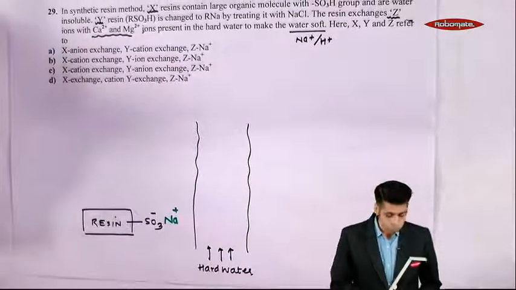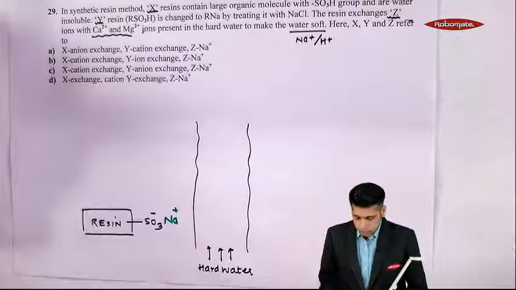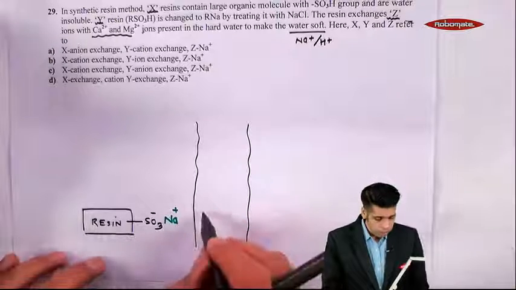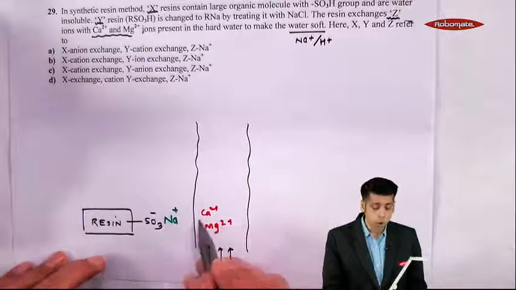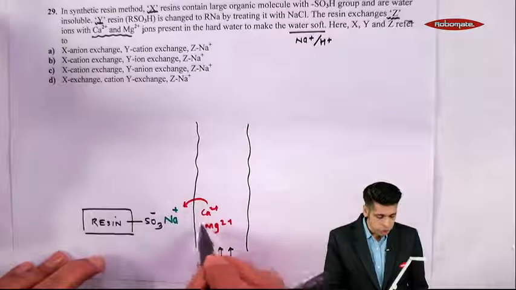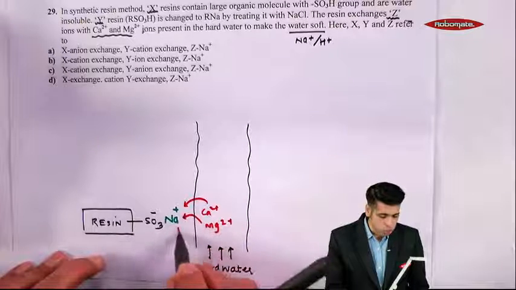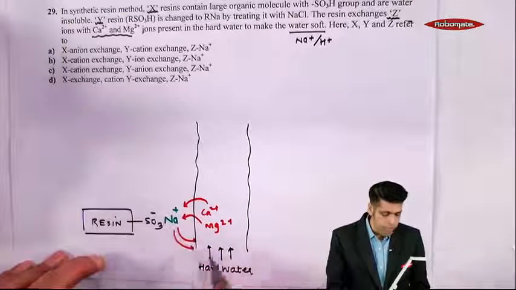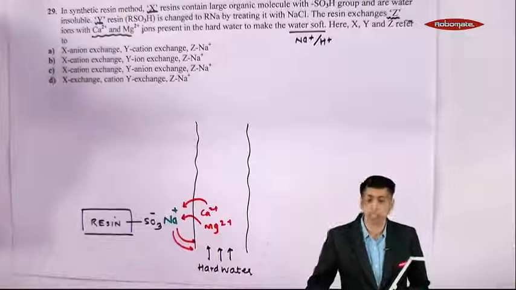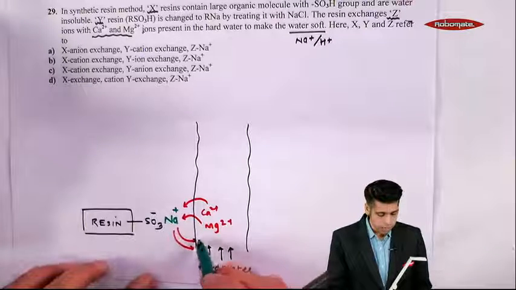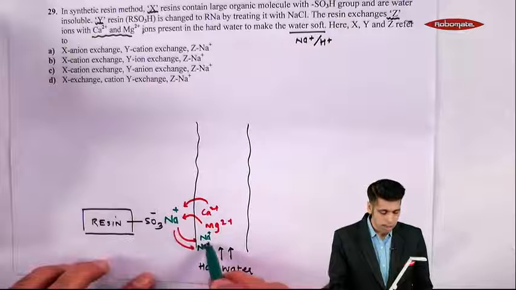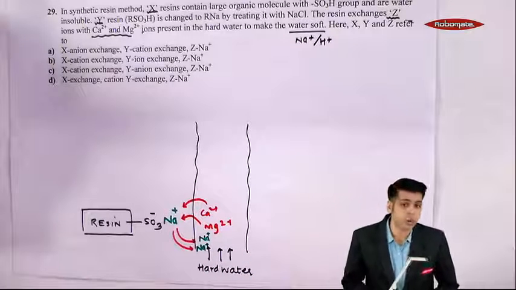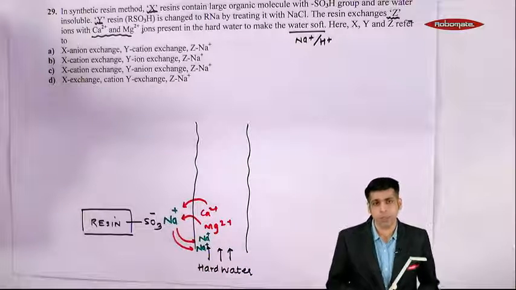So there could be a possibility that the calcium and the magnesium ions are going to be exchanged. They are going to be exchanged for Na+ ions which are coming from the resin. So can I write this as Na+ coming in exchange of calcium or magnesium ions?